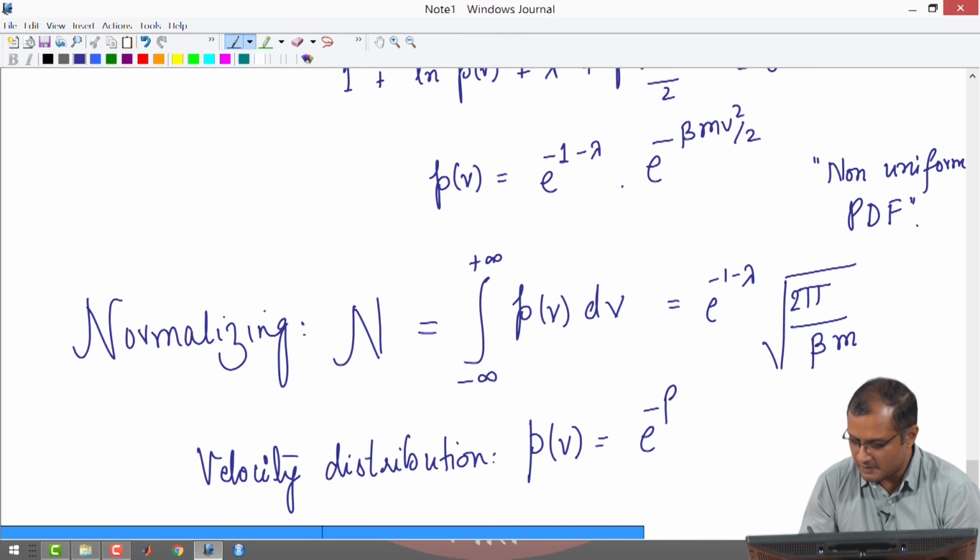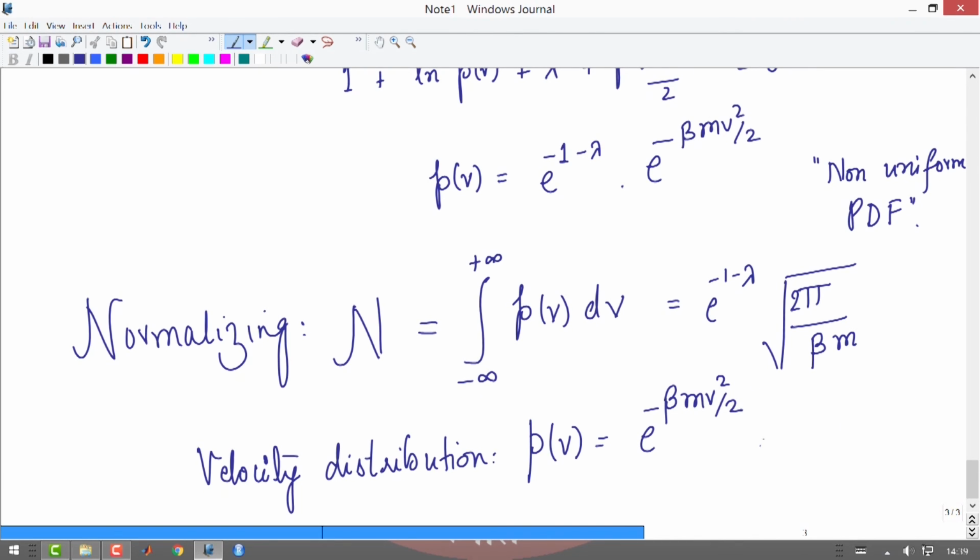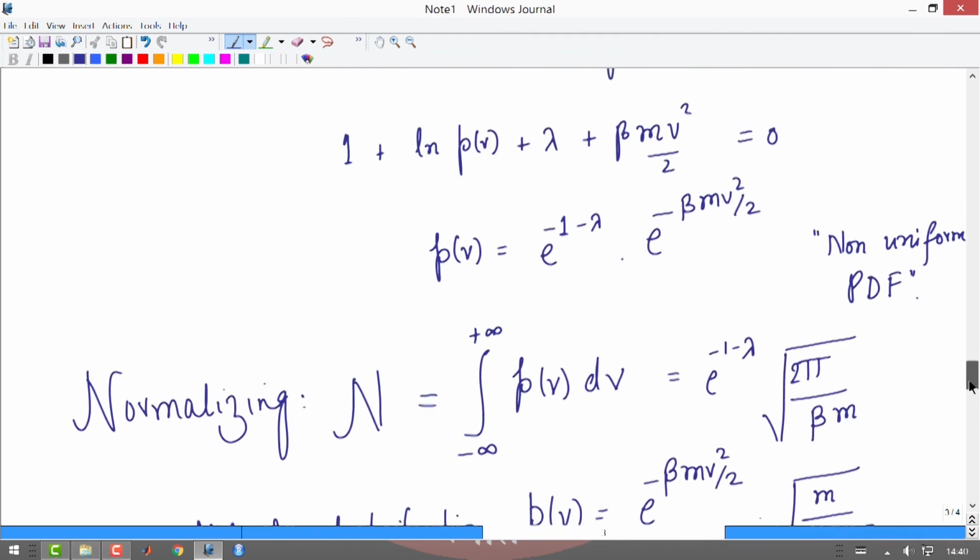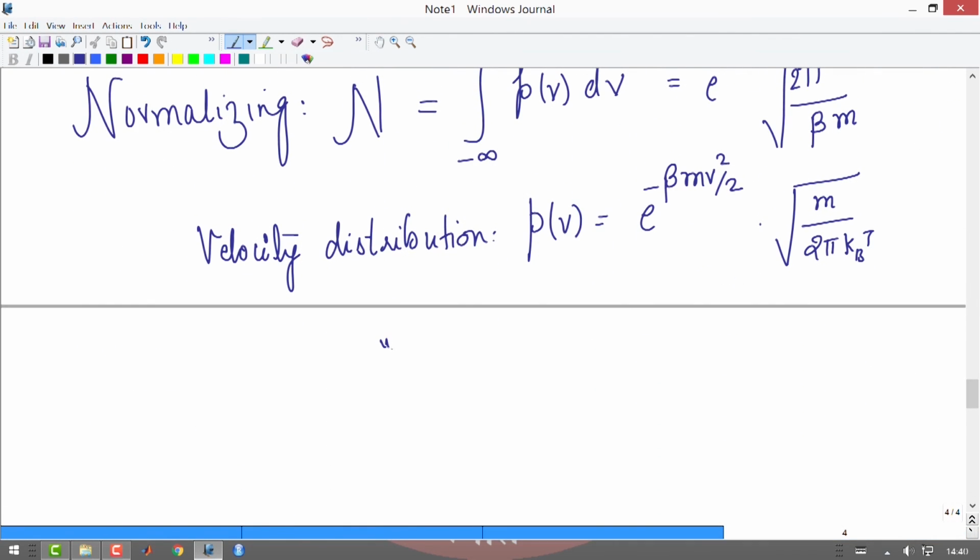It is e raised to minus beta mv square upon 2 into the square root of m upon 2 pi kBT. So, this is basically the Gaussian or Maxwell-Boltzmann distribution. This is the Maxwell-Boltzmann distribution of velocities.